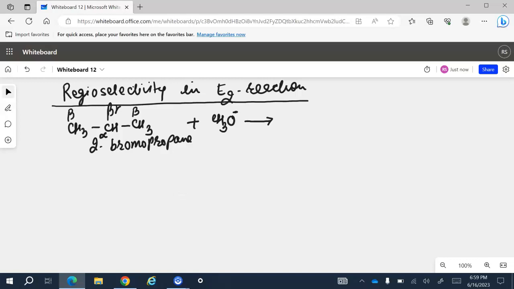Now this base can remove the hydrogen from one of the beta carbons and the bromine from the alpha carbon, which results in the formation of alkene.